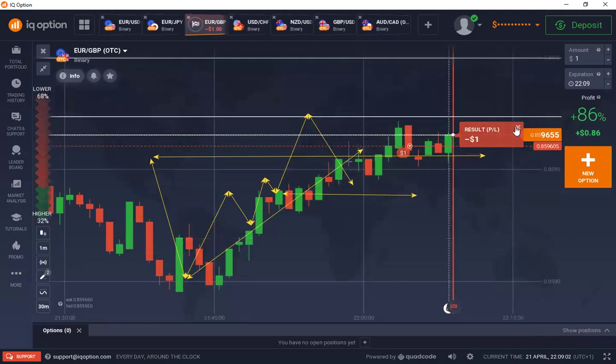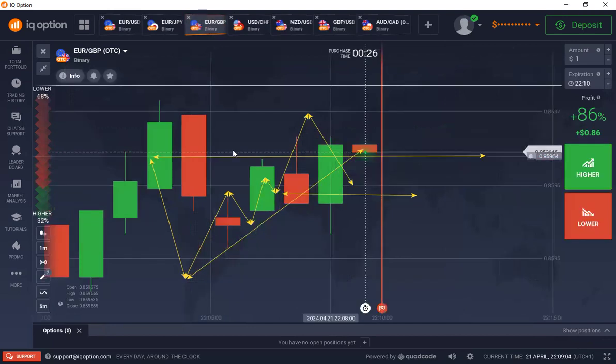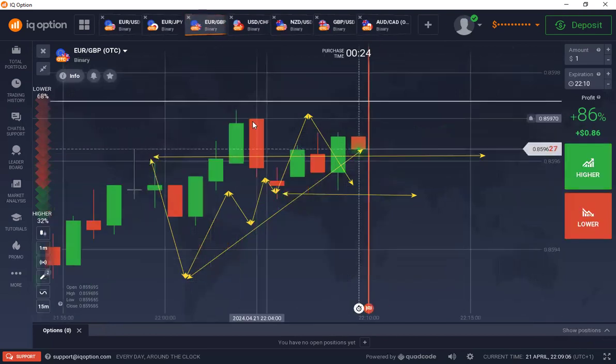So this was a loss because the entry is very bad. But if you enter here, you might end up winning the trade.